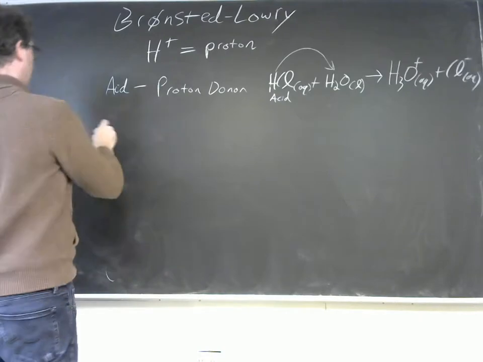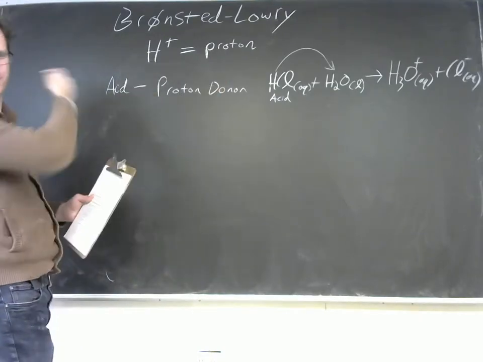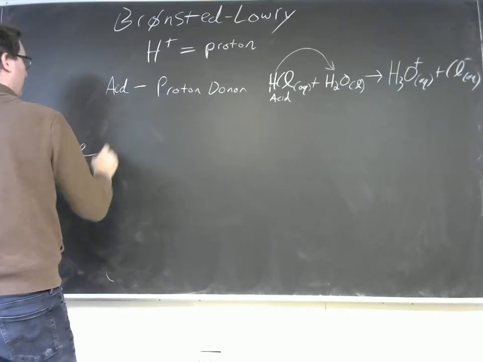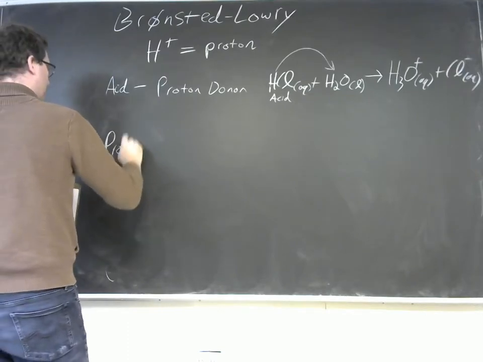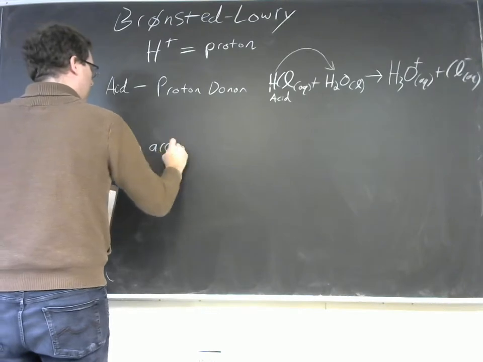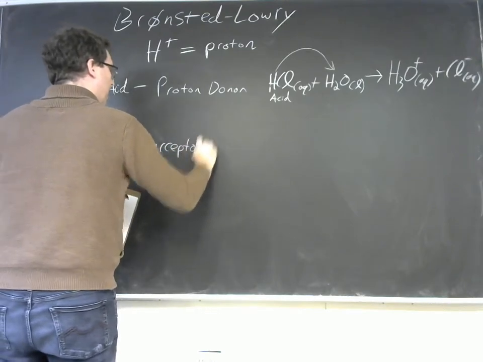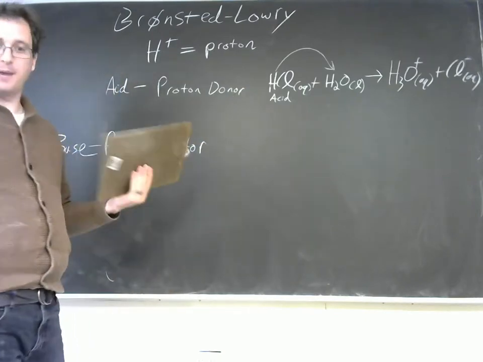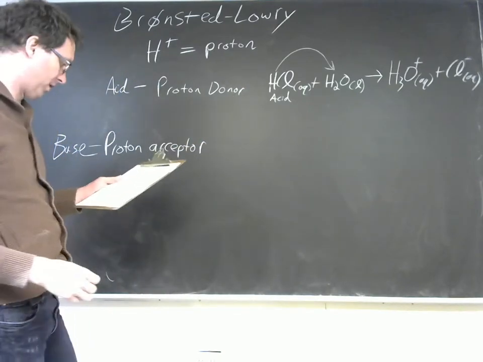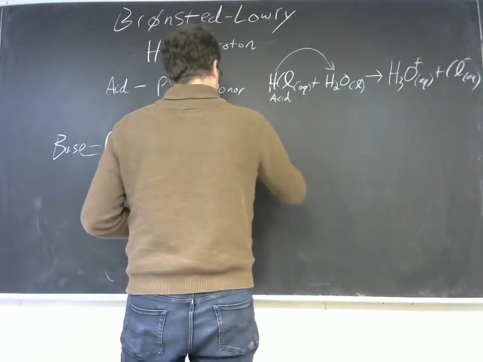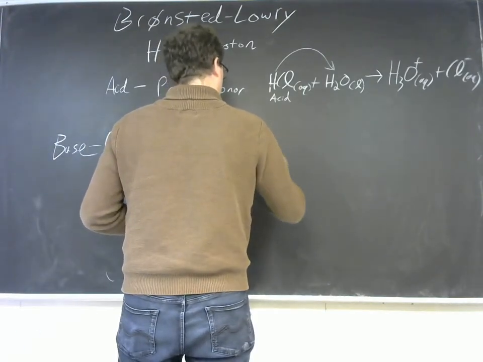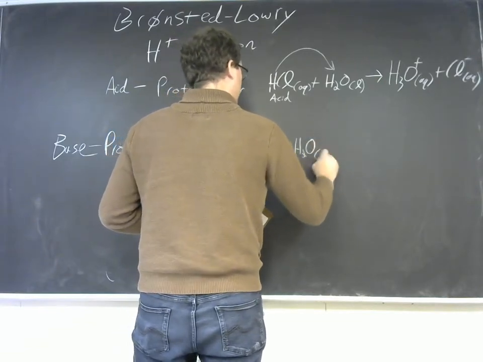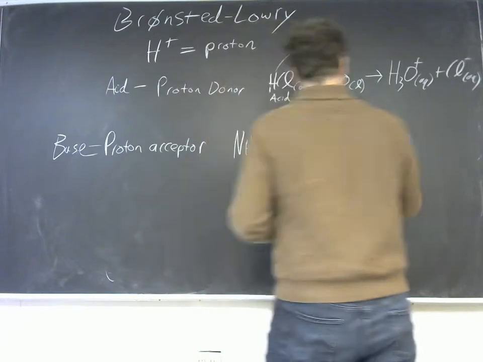So a Bronsted-Lowry base is a proton acceptor. A base will accept a proton from its reaction partner. We can look at ammonia, NH3 aqueous, reacting with water, plus H2O liquid. What's that going to produce?